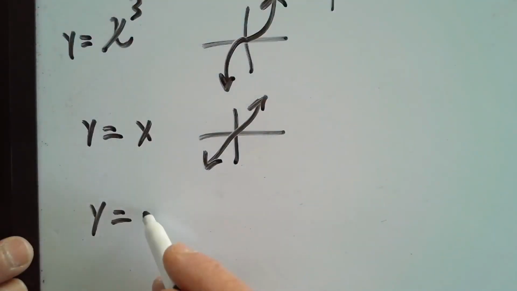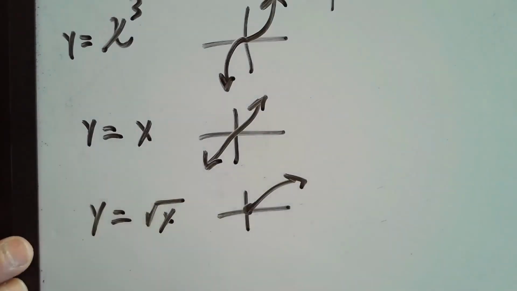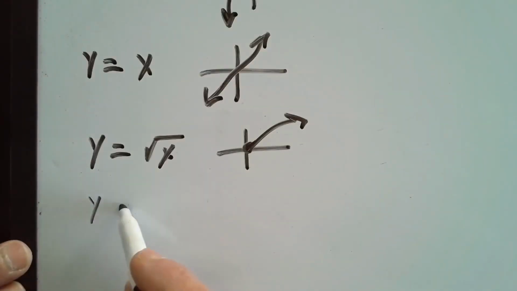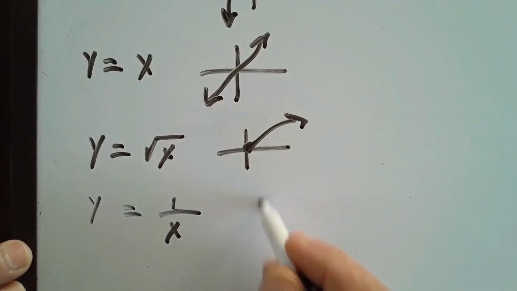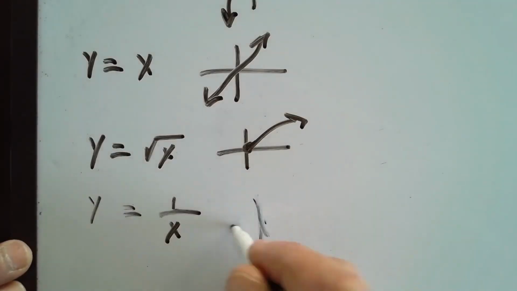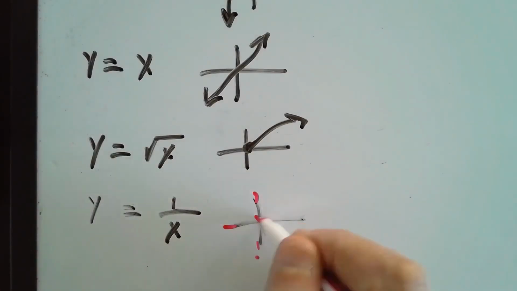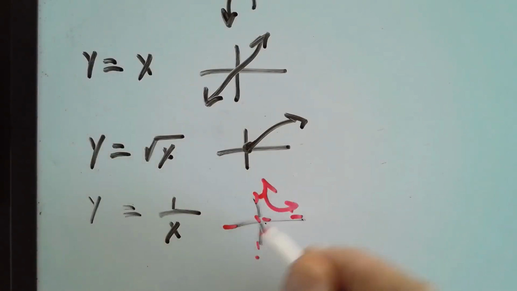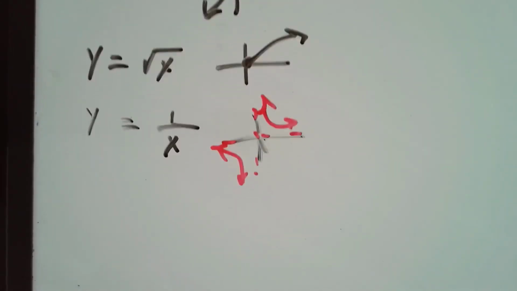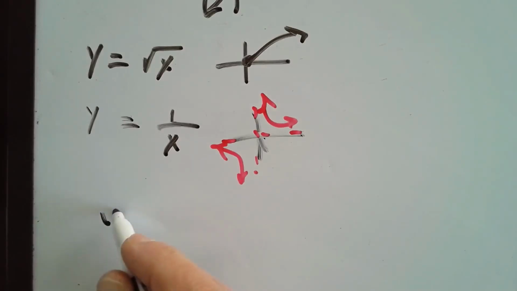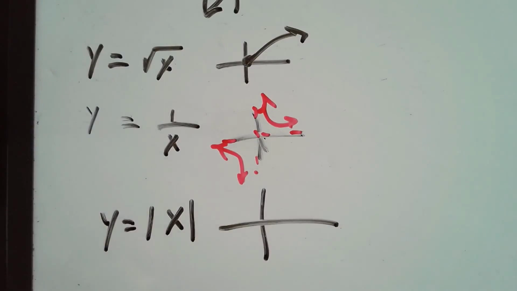And then we have a radical, square root. That moves up and to the right. And then we have the reciprocal graph, right? And we had asymptotes. And absolute value. And what does that one look like? Yeah, V.